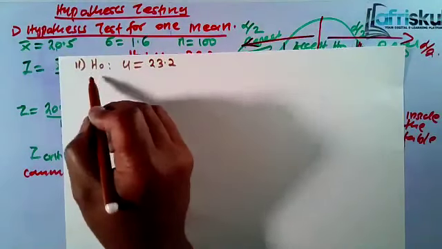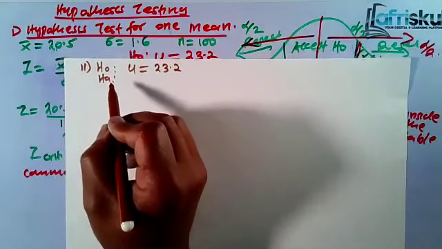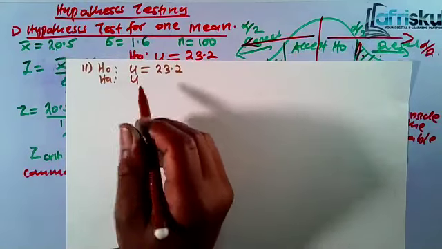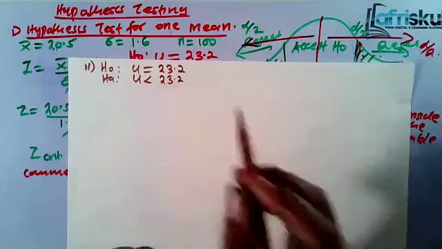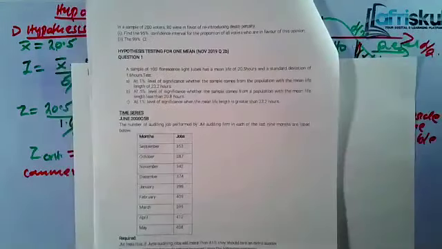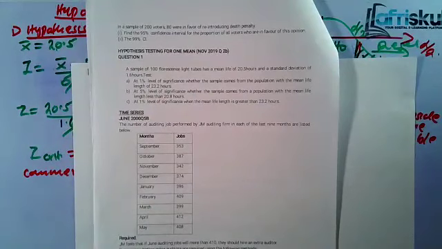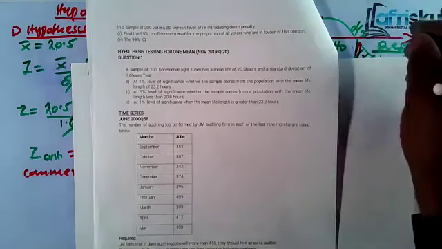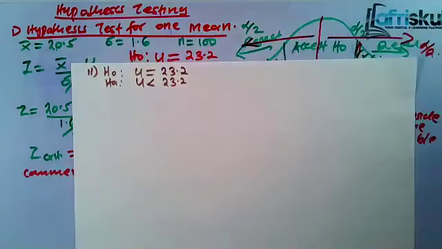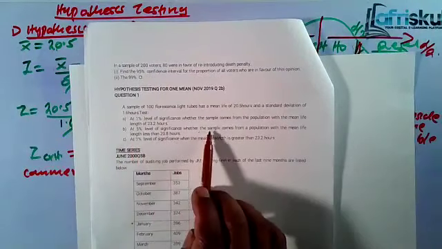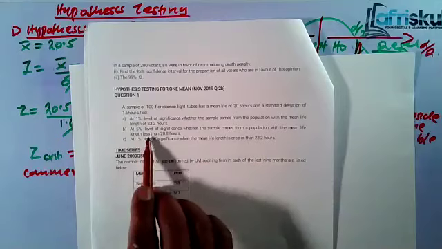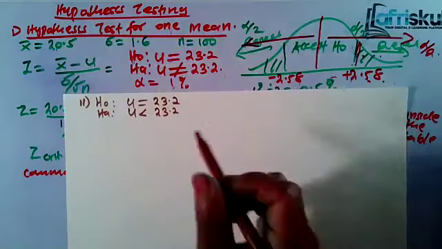Then you come to the alternate hypothesis, where you say the mean is less than, because we were told less than 23.2. Sorry, it's 20.8. We are doing part B: whether the sample comes from a population with a mean less than 20.8. So this one should be 20.8.